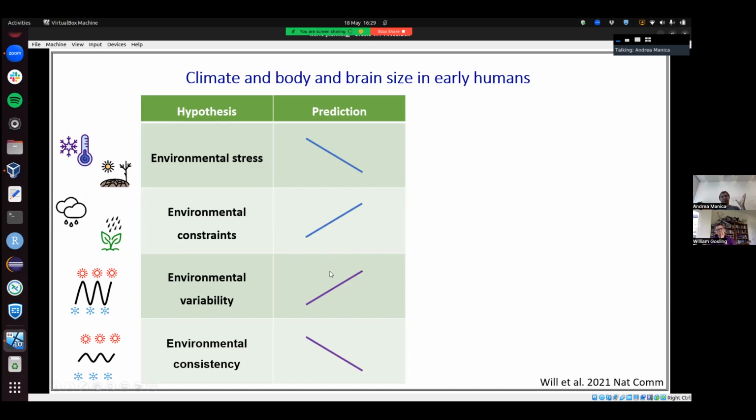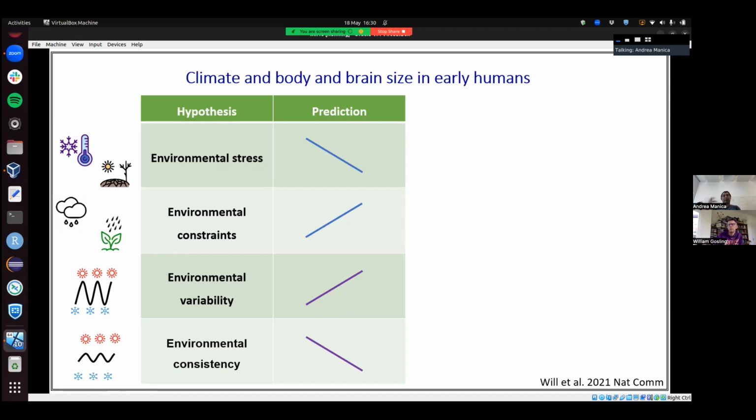The other set of arguments for why body and brain size might be affected by the environment link to variability in the environment. So the idea here is that if you have high variability in the environment, you would have a large body or brain size, again, basically to buffer you from this kind of stress.